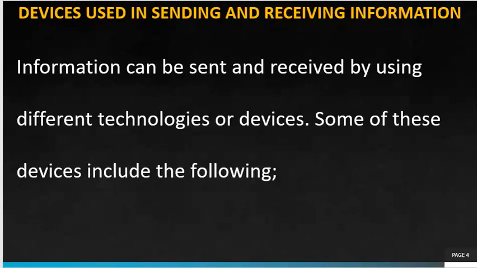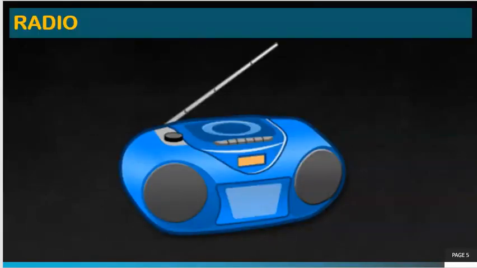The first device that can be used to send and receive information is the radio, and this is how a radio looks like. Now let's look at the uses of the radio.